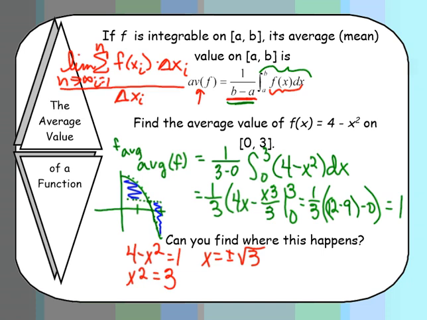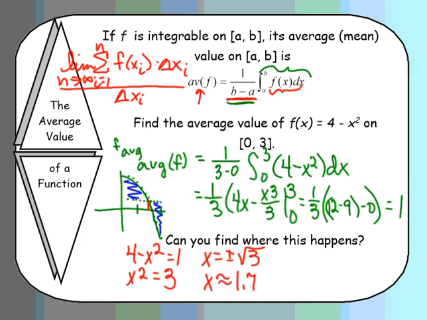But in this case, since I'm going from 0 to 3, the positive square root of 3 is the only one that matters. So x is going to be about equal to 1.7. I'm sure there's a couple more decimal places there, but I don't have those memorized. So that's what we're looking at. With x about 1.7, it's going to give you that right there. And so that's what happens. This area up here, this area down here, those are going to be about the same at that point. You've got that average value.